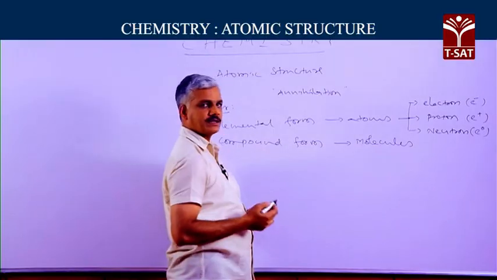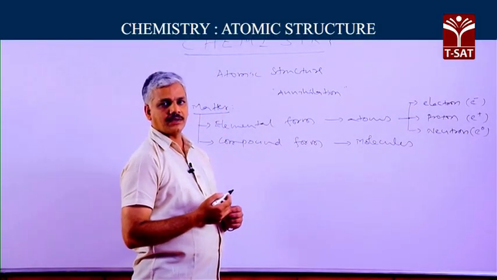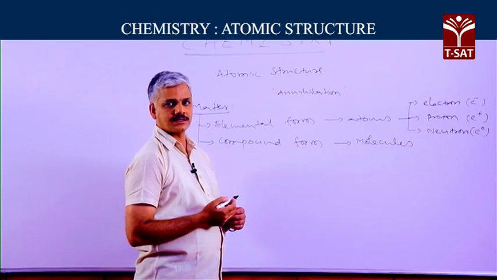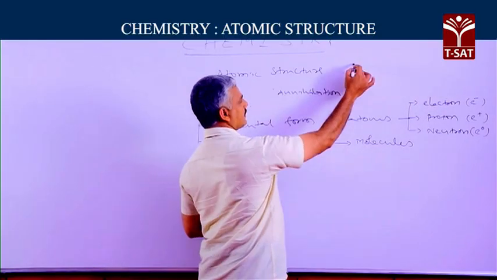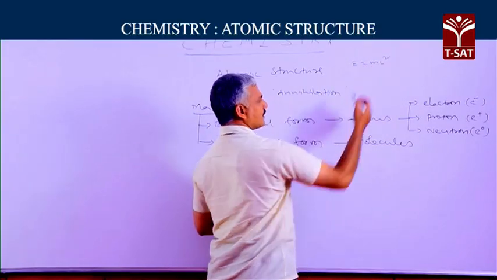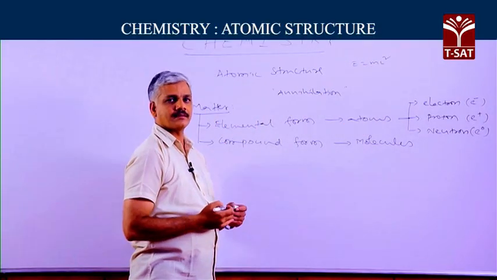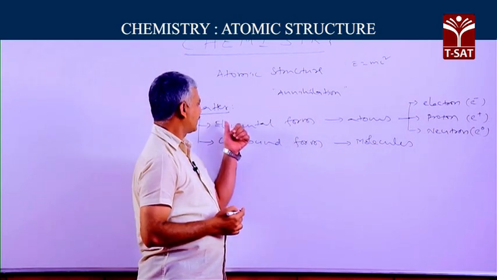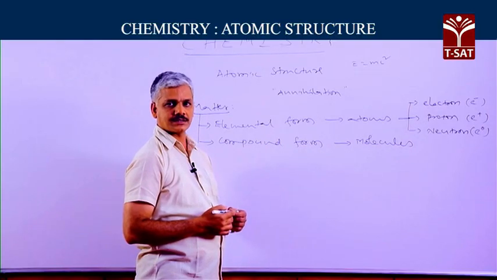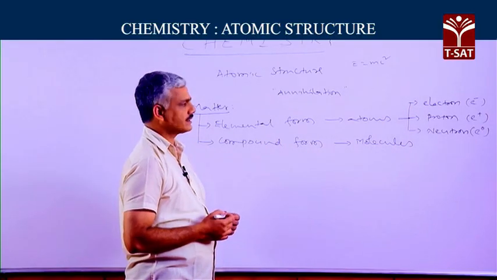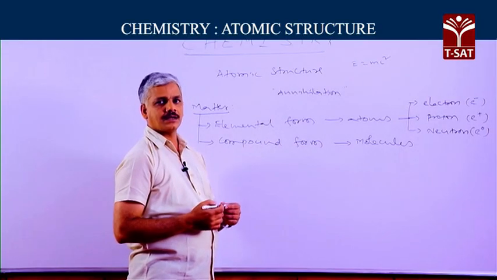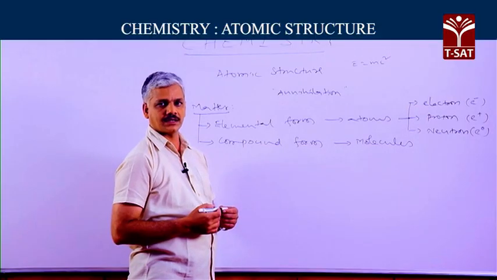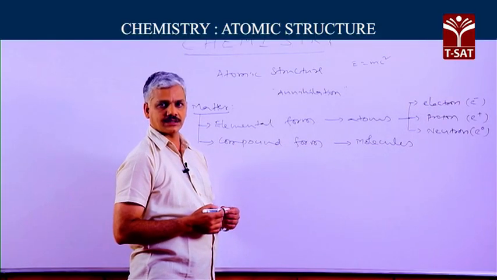In this annihilation, matter will be converted into energy according to Einstein's mass energy relation, E = mc². If that happens, existence of atom is not possible and as a result, matter also cannot exist. Right? That means these particles are arranged in such a way that even though they are oppositely charged particles, they do not attract each other.